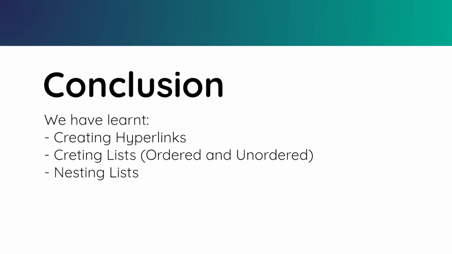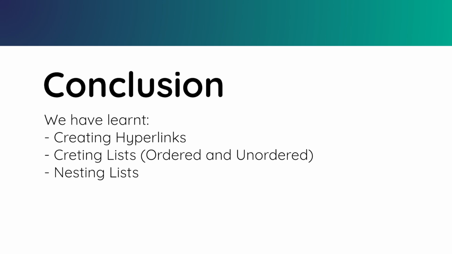In this video, we explored the crucial components of links and lists in HTML. We learned how to create links using the a tag, allowing users to navigate between pages and external sites. We also covered how to create unordered and ordered lists using the ul and ol tags, respectively, to present information in a clear and organized manner.